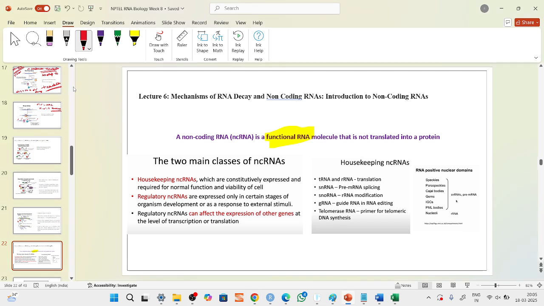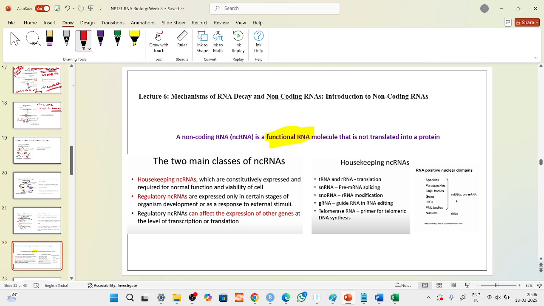Housekeeping genes are those genes which are continuously expressed in the body and which are required for the normal functioning of the body. So housekeeping non-coding RNAs again are RNAs which are constitutively expressed and are required for normal function and viability of the cell.